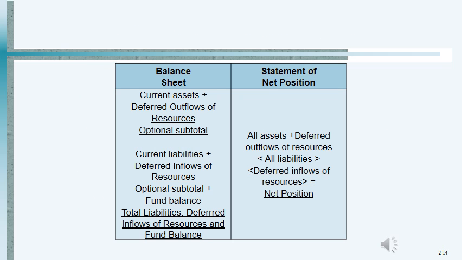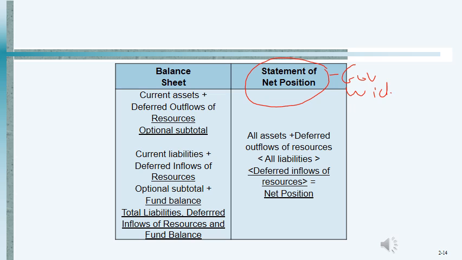Okay, so let's take a look at our statement of net position. What we're really trying to take away from this slide is how this statement is going to be displayed. The key takeaway is the display of the information. The statement of net position is our government-wide statement.